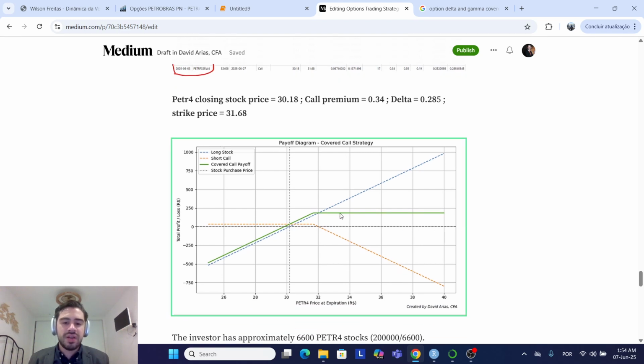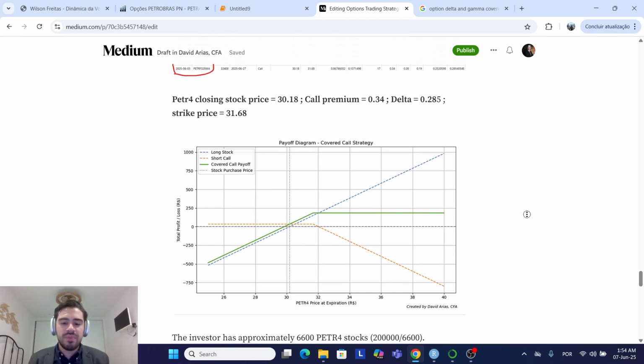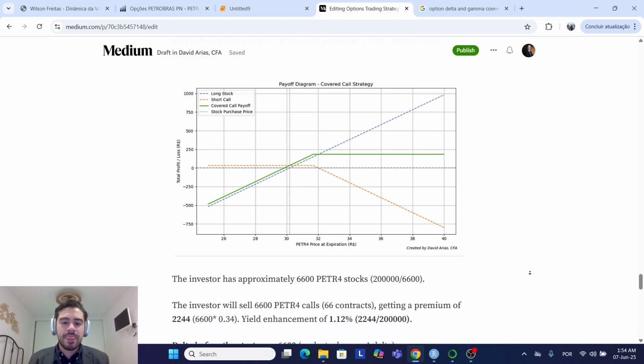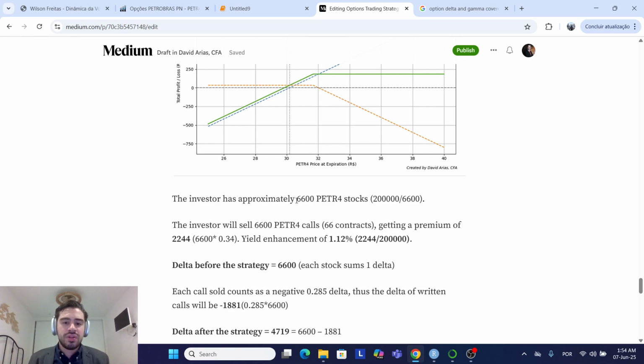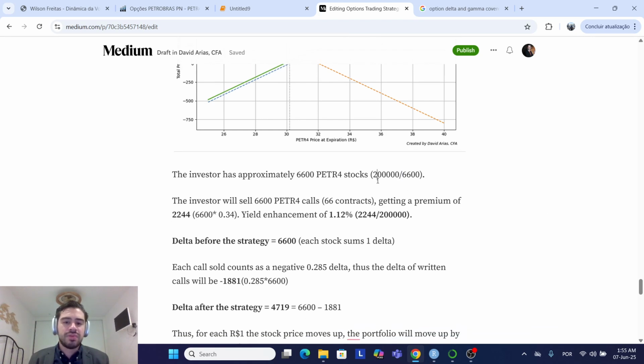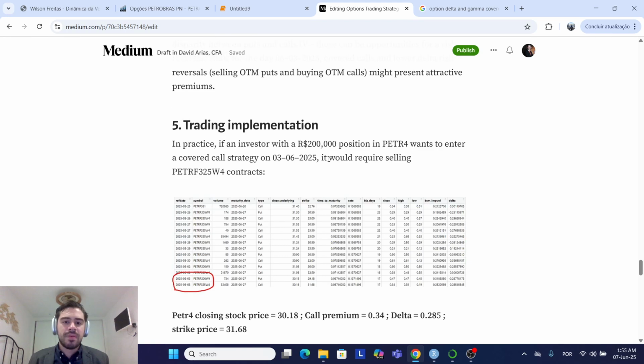Well, that's the payoff diagram. Basically the same as before. So imagine an investor that has 6,600 Petrobras stocks, which is 200,000 divided by the stock price.